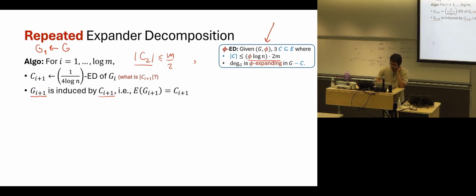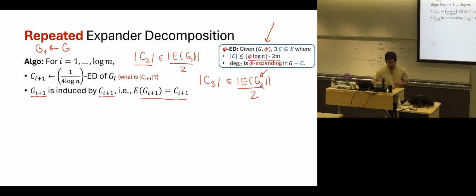Another way to see this is that C2 is less than half of the number of edges in G1. And C3 is going to be less than half of the number of edges in G2. But how big is G2? G2 is just the same as C2.